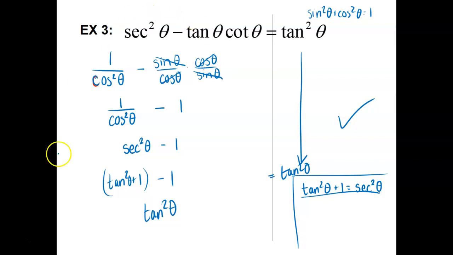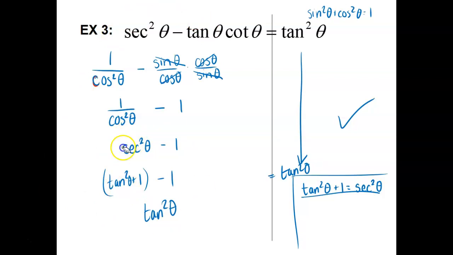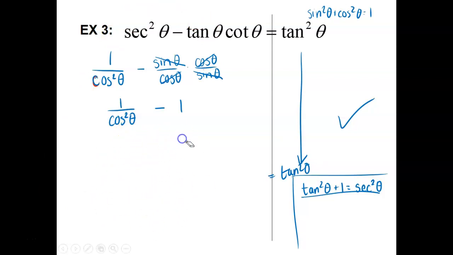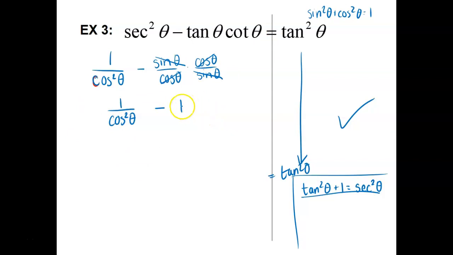So let's say that you are one of those students and you never think of secants and tangents and cotangents. Let's go back to this point right here. There's another way we could have done it from here without using secant.